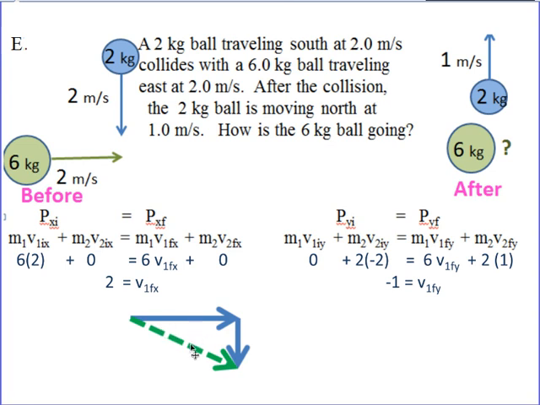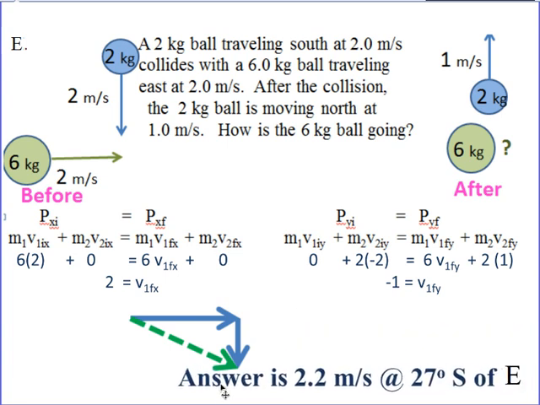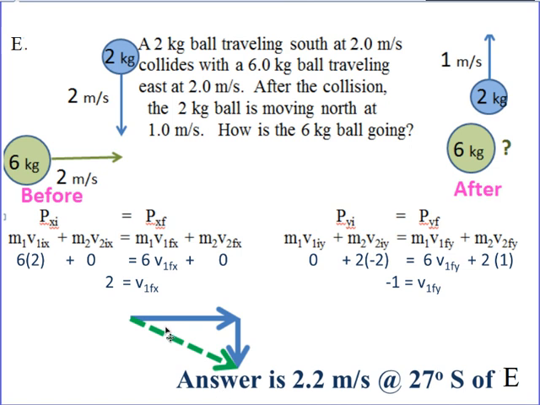That would be south of east. Again, you could stop the show and do that. Here is the answer: this should add up to 2.2 meters per second, and this angle here should be 27 degrees south of east.